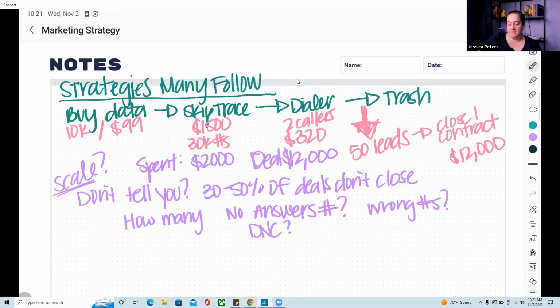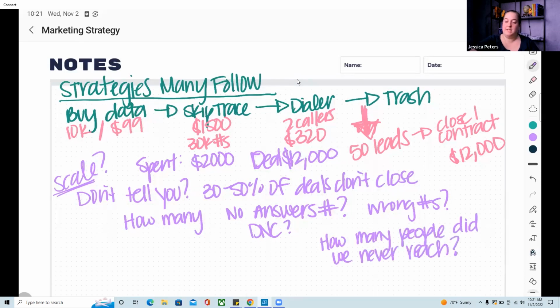How many people did we never reach? Sometimes the only KPIs people are really tracking are their leads, their contracts, their closings. They're not keeping track of the no answers, wrong numbers, not interested, to figure out how many people they did not reach and want to try to reach again in a different campaign.